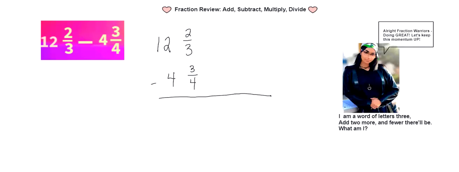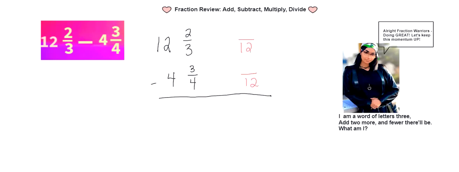So let's look at our denominators. 4 is the bigger number. Will 3 go into 4 evenly? No. So times 4 by 2, 8. Will 3 go into 8 evenly? No. 4 times 3 is 12, and 3 goes into 12. So our common denominator is 12.